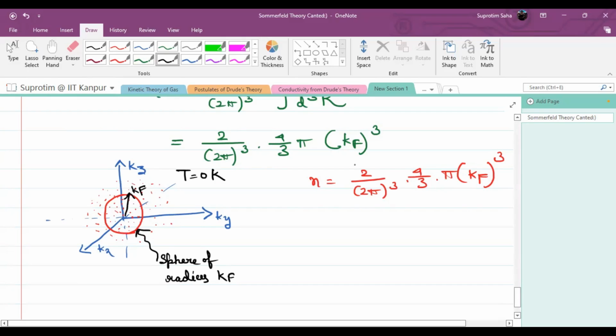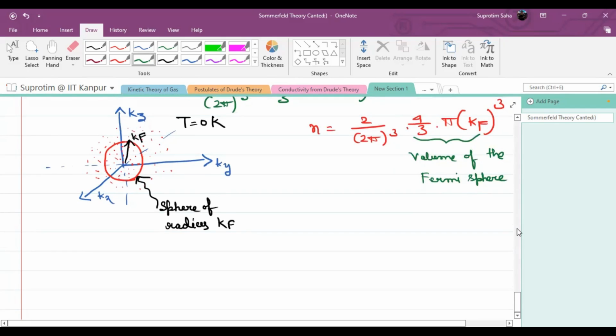So this 4/3 π kF³ is the volume of the Fermi sphere. It can also be named the Fermi sea.